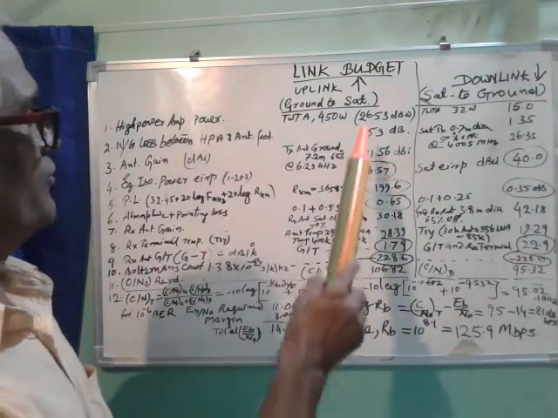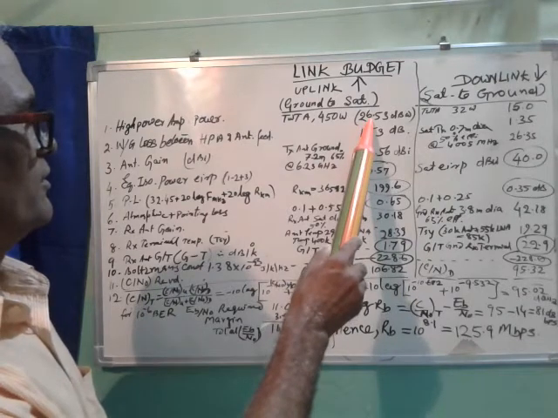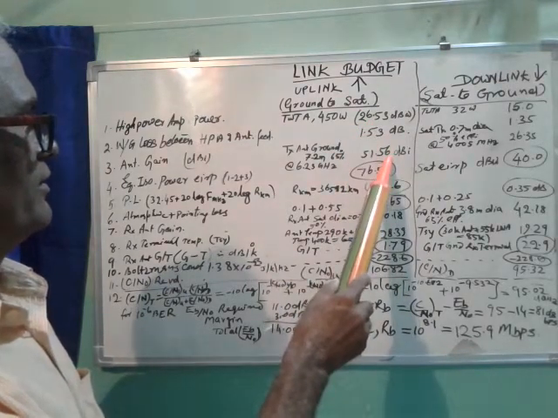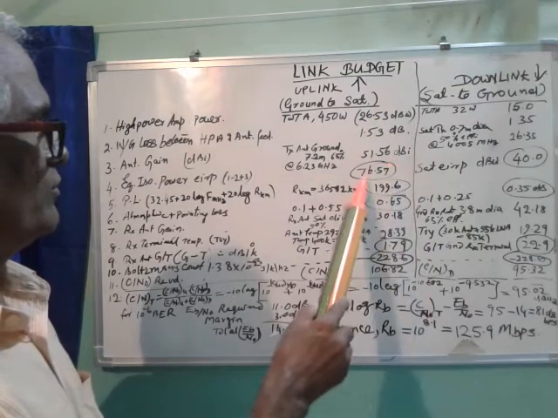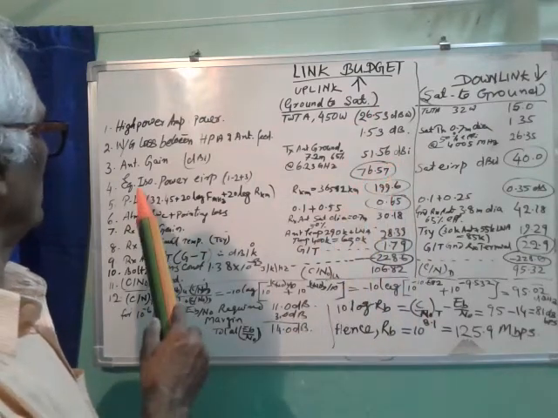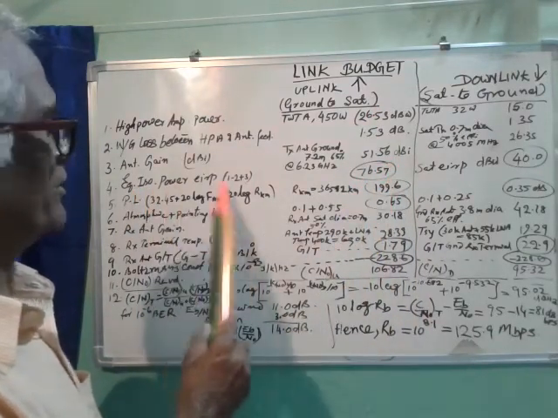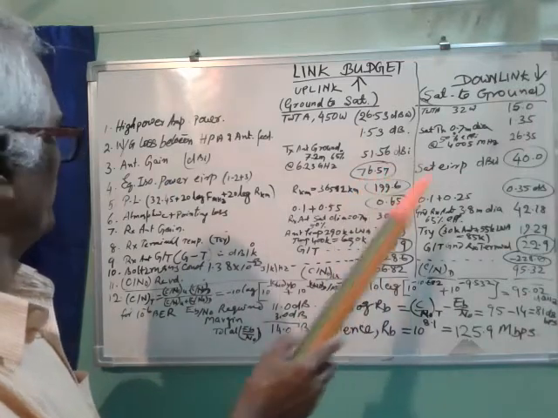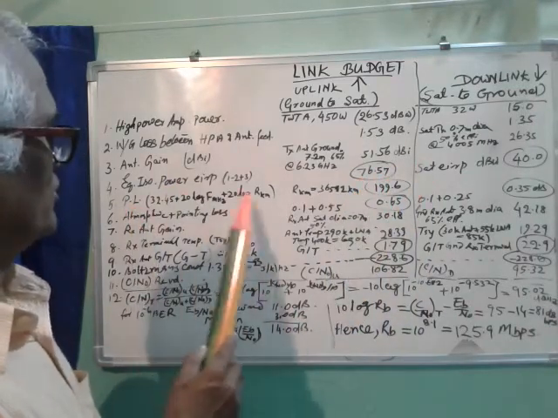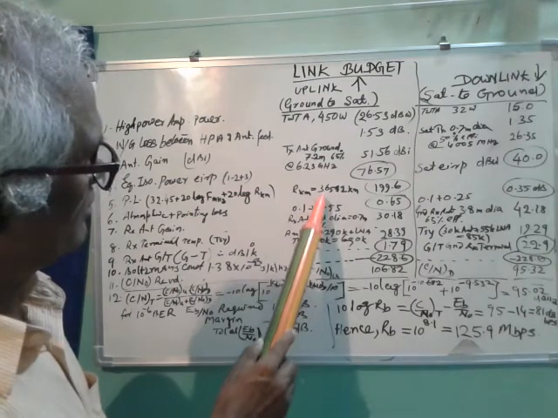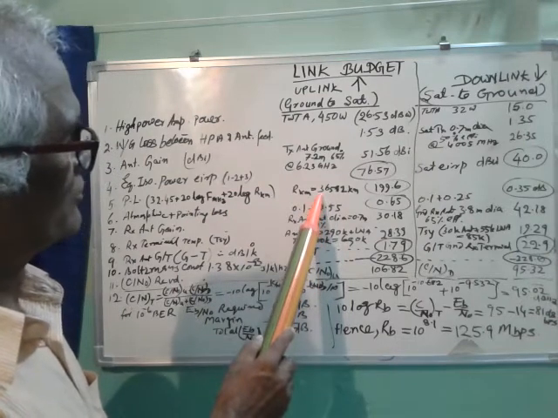And if the power and the gain are added in dB, it will be EIRP in dBW, equivalent isotropic radiated power, 76.57 dBW.